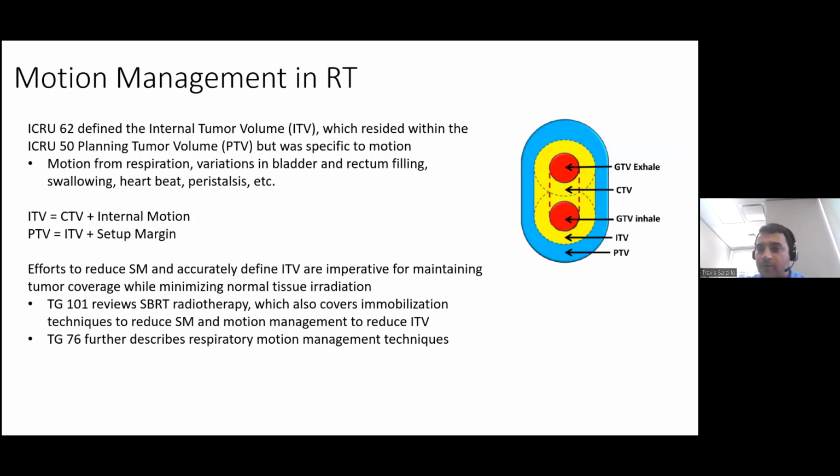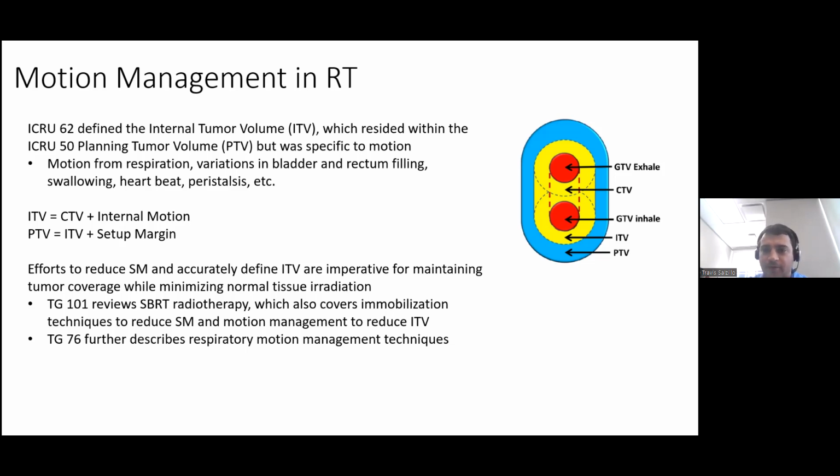You have the gross tumor volume, which describes the tumor that you can actually see on imaging or palpate. You have a clinical target volume, the CTV, which encompasses microscopic disease that we can't see, but from clinical experience, we know that there's a high probability that it is there. And traditionally, that's all we worried about.